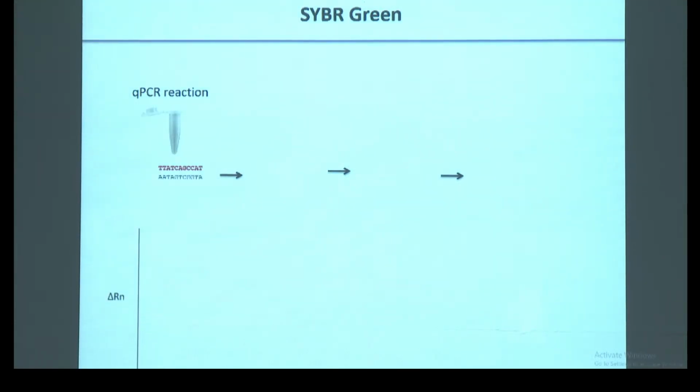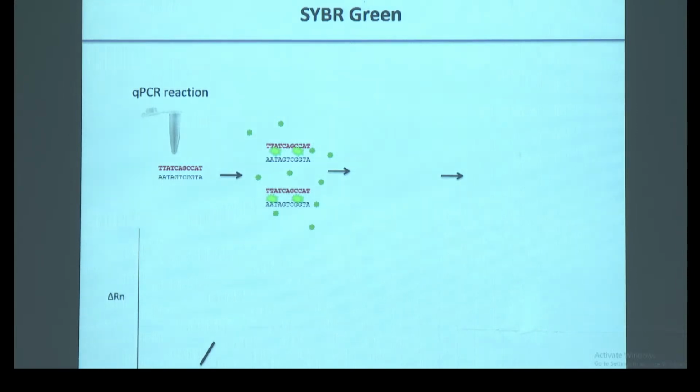So let's see what happens in SYBR Green. In SYBR Green, let's say this is my first cycle and second cycle, the PCR product gets doubled. Now the floating SYBR Green goes and sits inside the PCR product. When you excite with light, it gives fluorescence and the machine will record it, right. Whatever fluorescence is recorded will be shown as a graph.